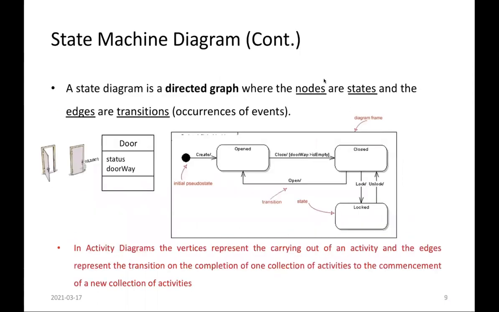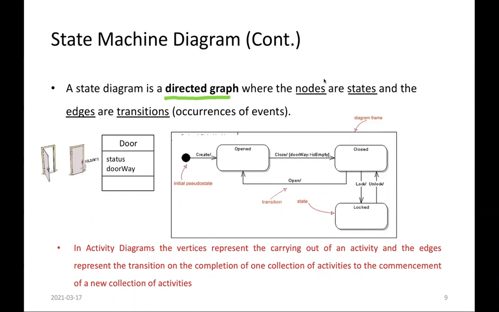So let's now discuss some of the fundamental notations and components of a state machine diagram. I'm going to start by defining what a state diagram is. A state diagram is always a directed graph. So we have a start node and an end node, where we know exactly where the starting location is and where the end location is, based on a directed edge or a directed arrow.